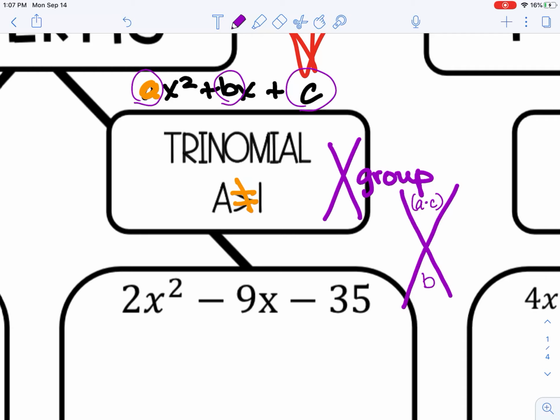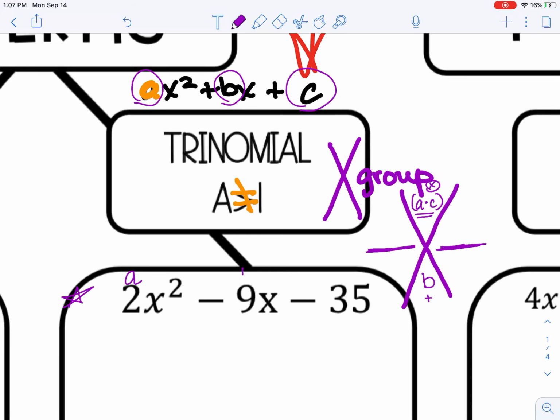And then we take the factors of that number, and we have to find 2 numbers that will multiply to the value here, and add to the value of b, okay? Once we do that, we'll break apart our original function and group them. So let me show you what I'm talking about.